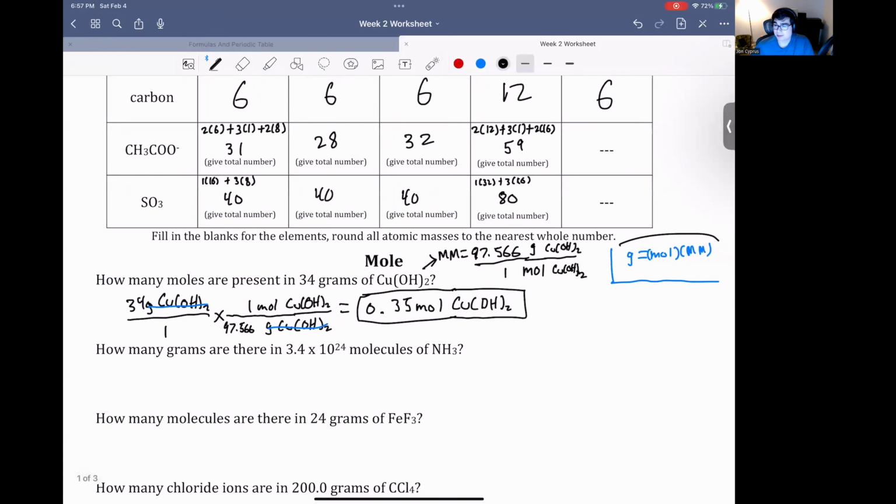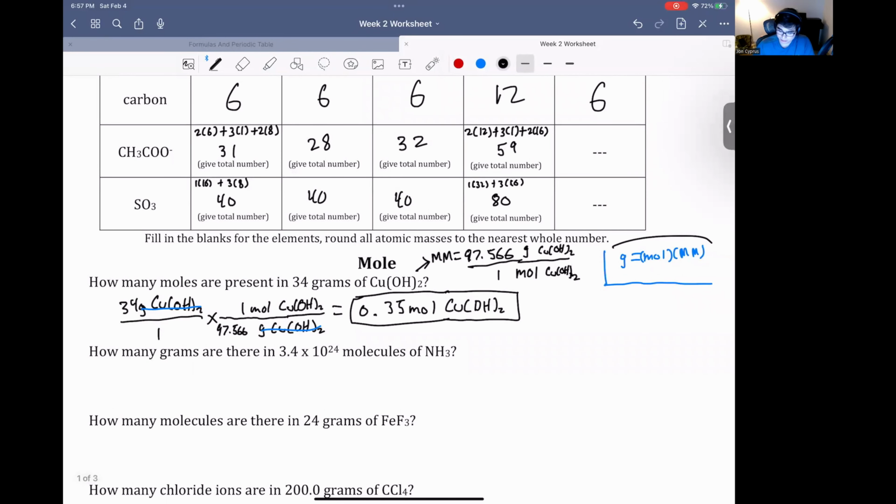Now, what you could also do, right, if it's helpful for anyone, is you could also plug it into this formula, right? If you know grams is equal to moles times molar mass, you can say that moles is equal to grams divided by molar mass, right? That is essentially what we did, divided by the molar mass. And you can do it like that, right?